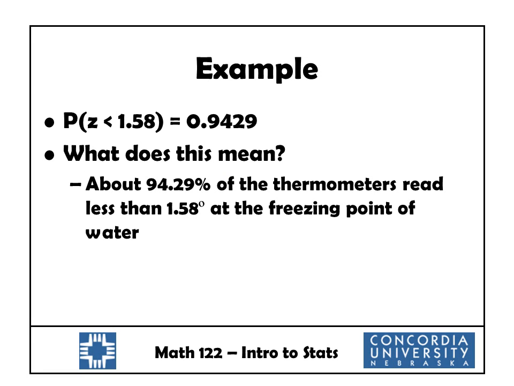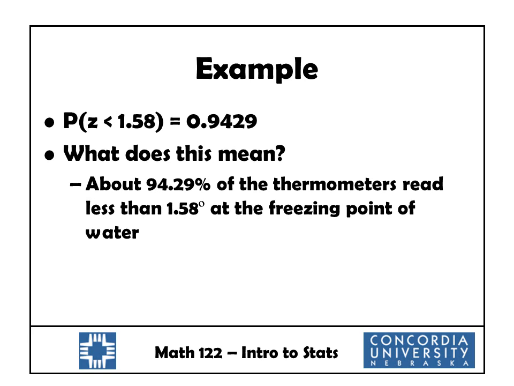So our probability is 0.9429. What does this mean? Well, about 94% of the thermometers read less than 1.58 degrees at the freezing point of water. So the point of this refresher example is again to illustrate that probabilities mean the same as percentages, which means the same as areas underneath the density curve.